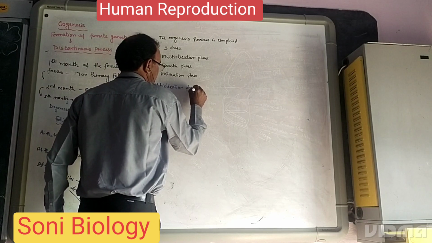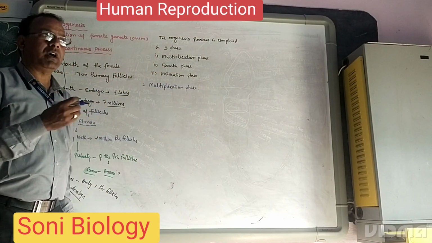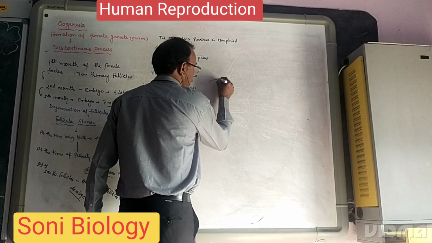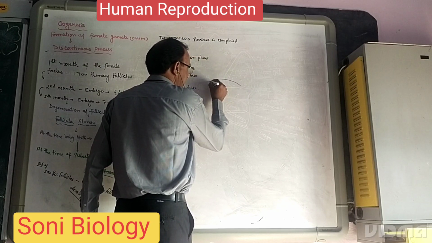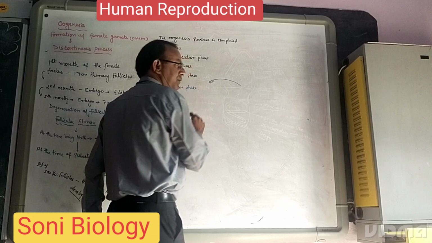Multiplication phase is the development of follicles from the ovarian epidermis layer. This is the ovarian epidermis layer. The primary follicles are produced from this one.